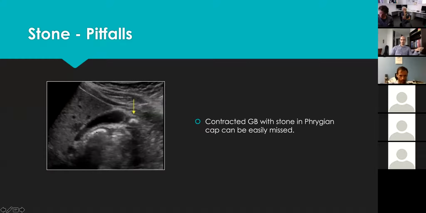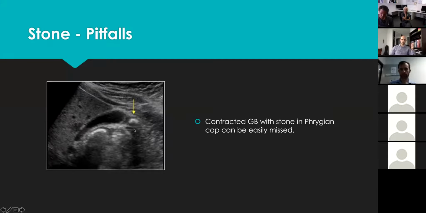The other pitfall is that Phrygian cap that we mentioned earlier. If you don't consider the possibility of a folded gallbladder creating a Phrygian cap, you might think this is the gallbladder fundus ending there, and this being just bowel gas outside of the gallbladder.